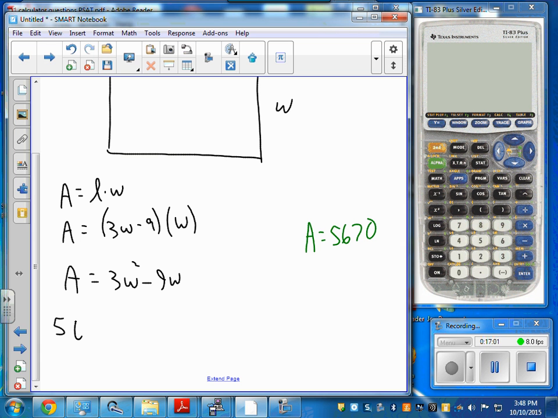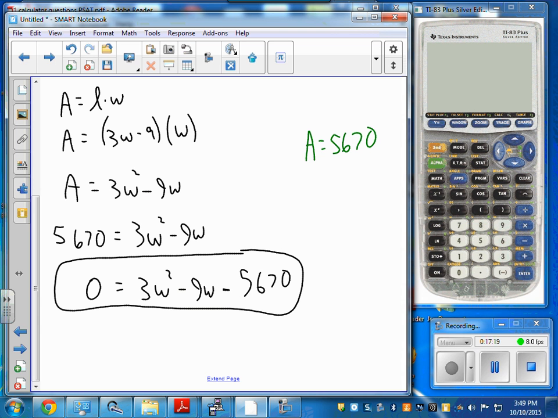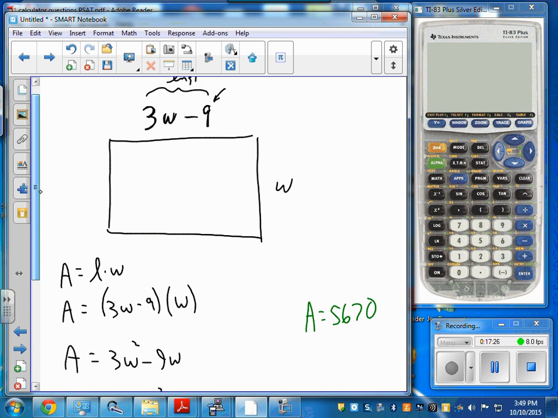So 5,670 is the area, 3w squared minus 9w. So we subtract off, and we get 3w squared minus 9w minus 5,670. This is the equation that gives us the relationship between w, the possible widths of the garden.